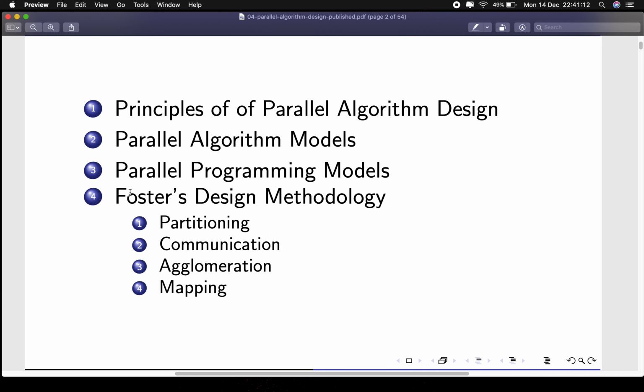For the design methodology there are 4 steps: partition, and later on you will look into what the meaning of partition is, what communication is, agglomeration, and also mapping. Each of these is linked to the others; there is a sequence between all of them.